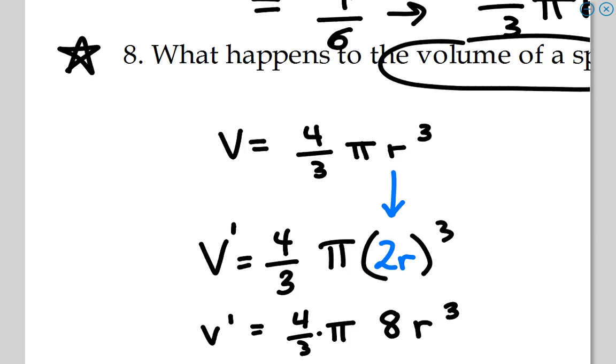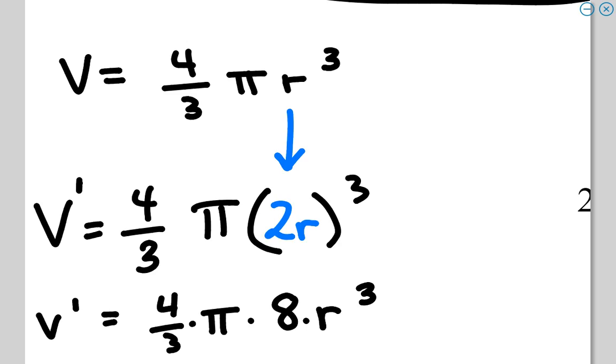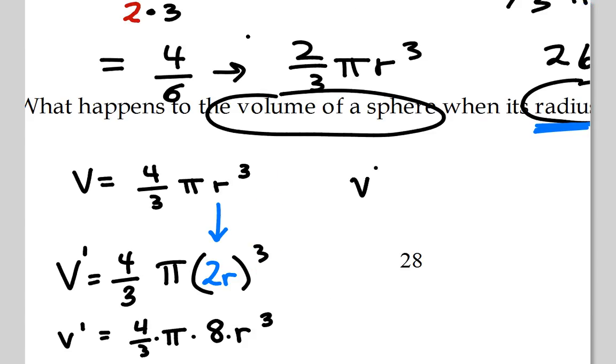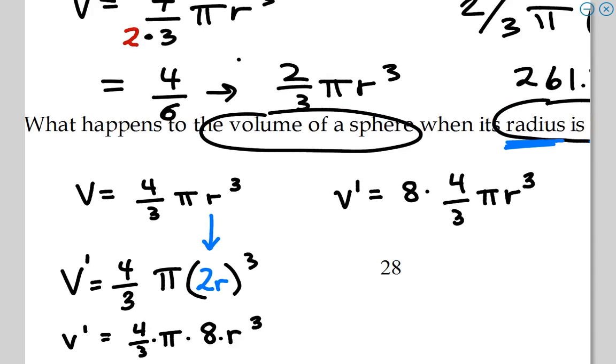Now these are all multiplications. Does it matter what order you multiply? No? So what I'll do is I'll put that 8 way out on the left, and I'll put the 4/3 pi r cubed next to it. I'll wrap the 4/3 pi r cubed in a bracket, and then I'll substitute in. Remember 4/3 pi r cubed we said was v?